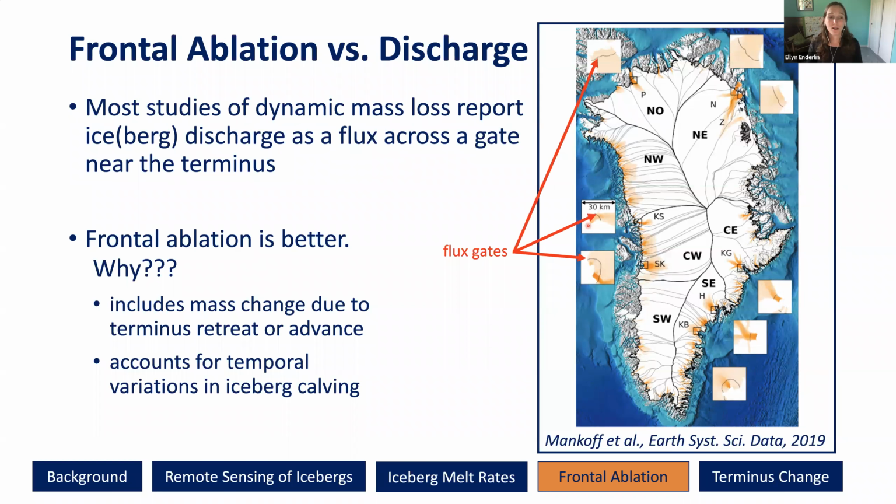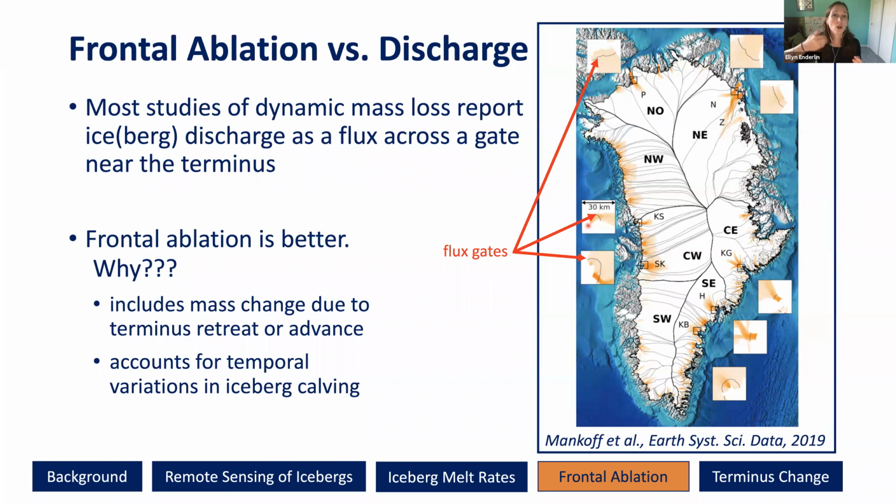Well, it includes mass change due to terminus advance or retreat. And that's important. Some of these glaciers have retreated by kilometers. It also accounts for temporal variations in calving. We see that there's a huge seasonality in terminus position for a lot of these glaciers. So we're not calving in the winter months.